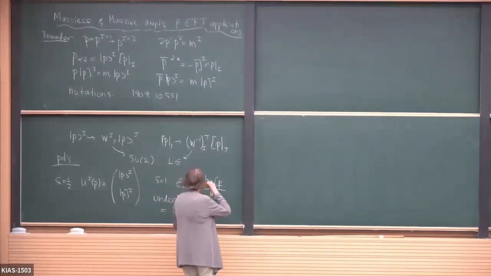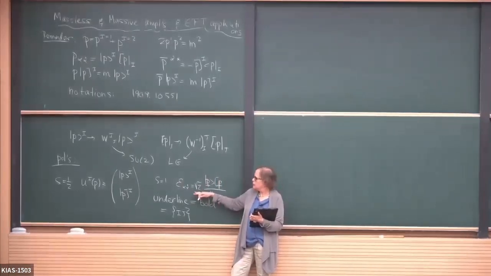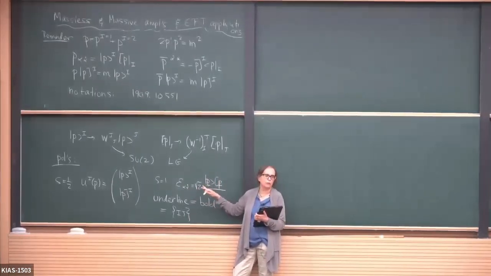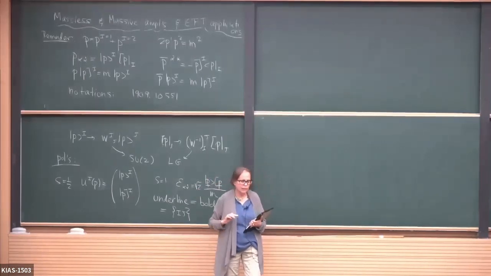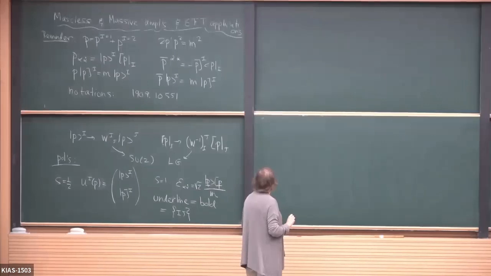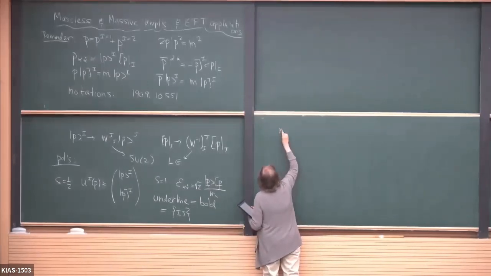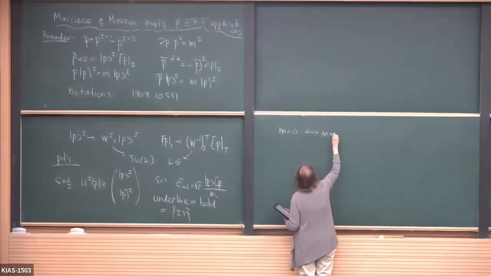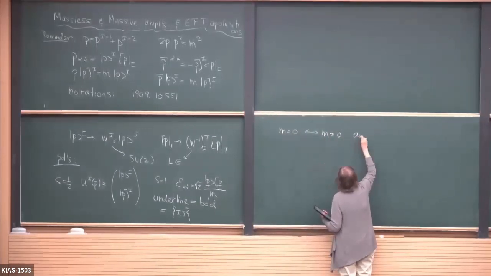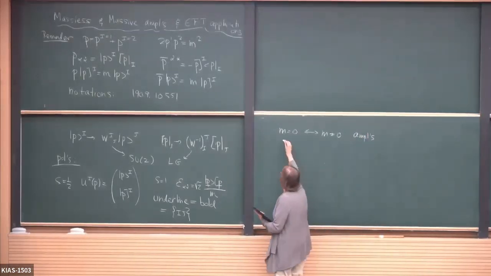One advantage that we already discussed is that it's covariant under the little group. We can see the little group properties of everything very clearly. And another nice feature is that there is a very simple connection between massless and massive amplitudes. That's the first thing I want to talk about now.